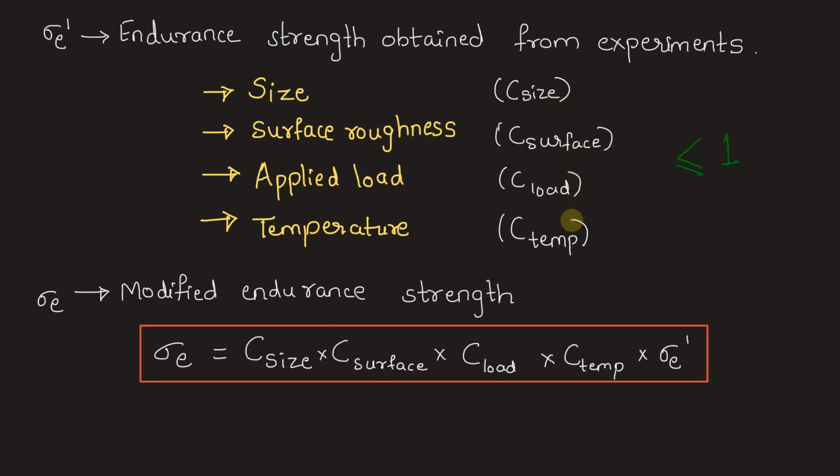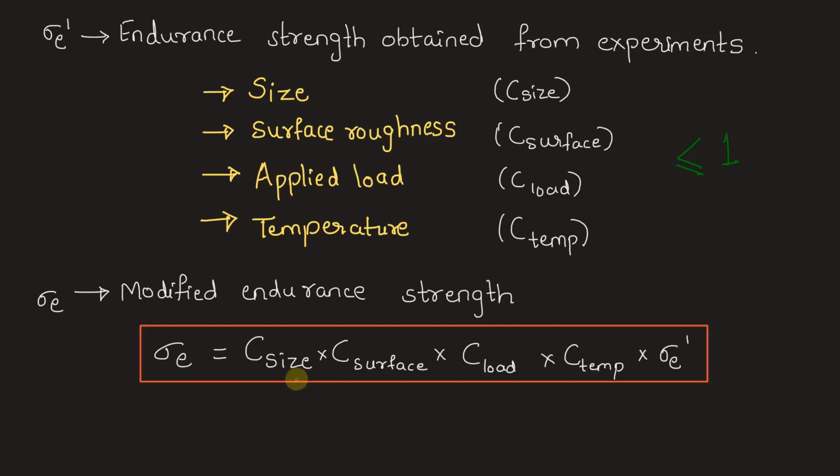Hence C size, C surface, C load and C temperature should always be less than or equal to 1. In no case will the endurance strength be increased from the value obtained from experiments. It will only be reduced, or taken equal to sigma E dash. That is why we can say that whenever the surface roughness increases, the endurance strength will decrease, or when the size increases, the endurance strength will decrease.